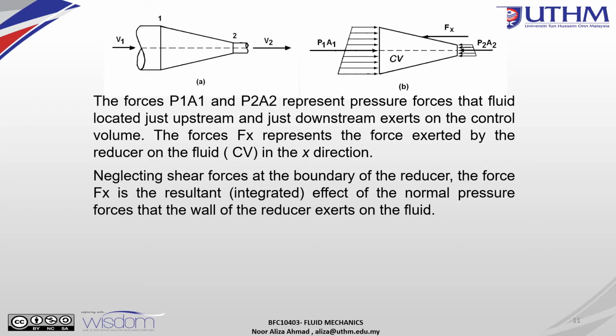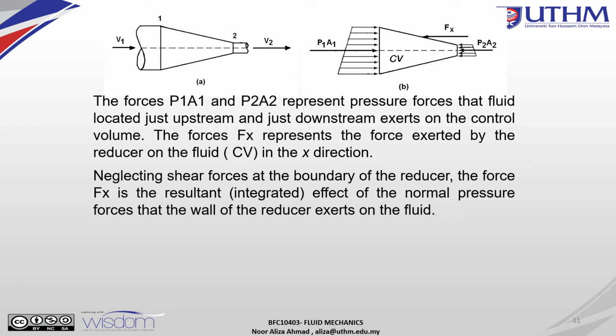So we have P1 times A1 and P2 times A2, which represent the pressure force on the fluid located just upstream and just downstream. The force Fx represents the force exerted by the reducer on the fluid.